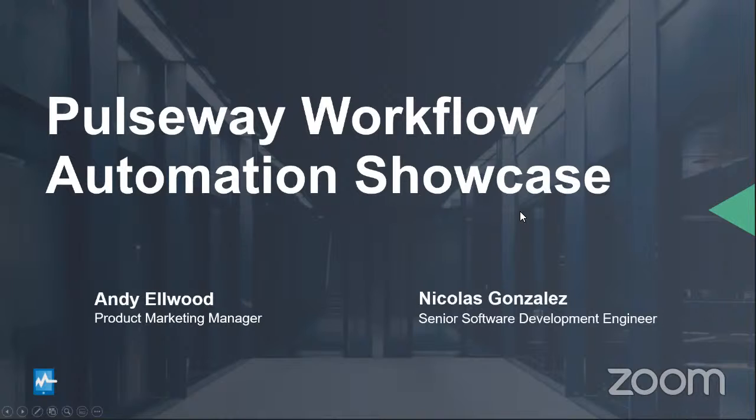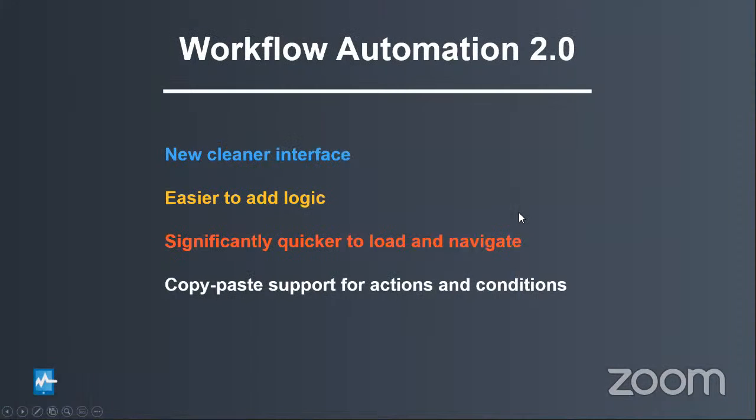So just to talk about the key points with our workflow automation 2.0, it's a new, cleaner interface, which you'll notice. It's easier to add logic on some of the more complex steps, and this change is not just an aesthetic change. It makes it significantly quicker to load and navigate around.